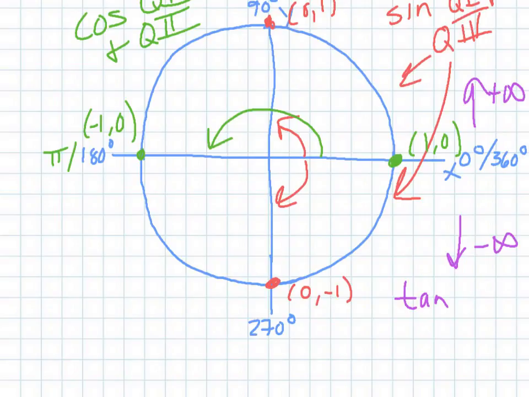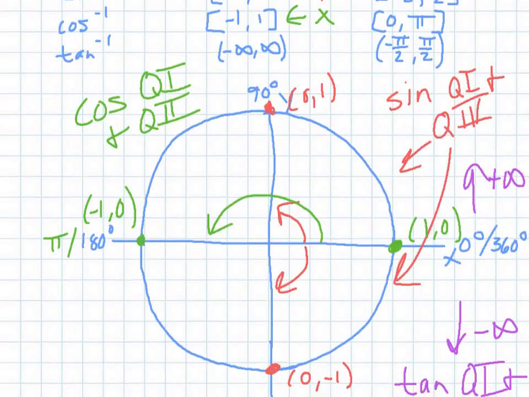So for tangent and for sine, you can have negative angles. It's possible to have a negative answer.